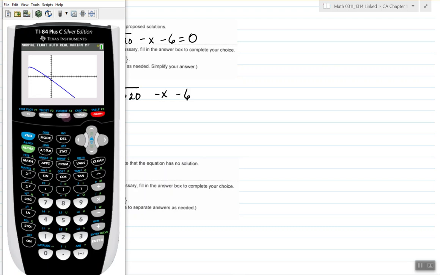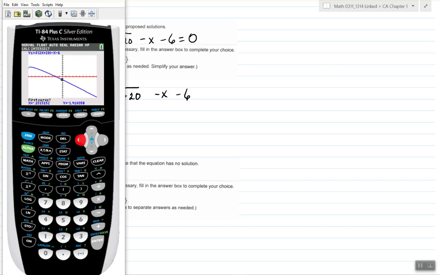All right, you could do a zoom. Let it finish. A zoom 6, which gets me back to that standard viewing window. I didn't have to do that, but I could, and I did. Second of the trace key, which is calc, number 5.